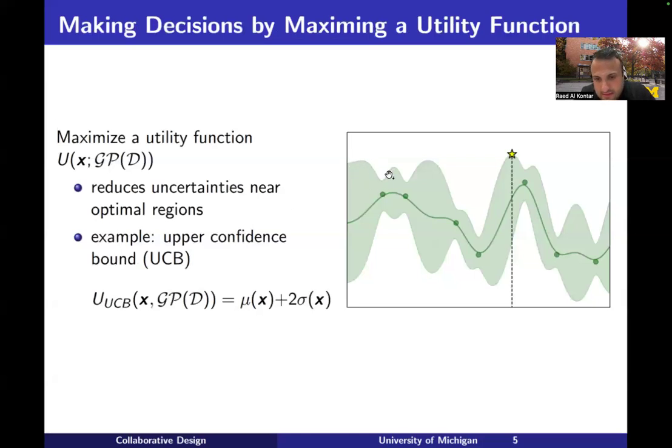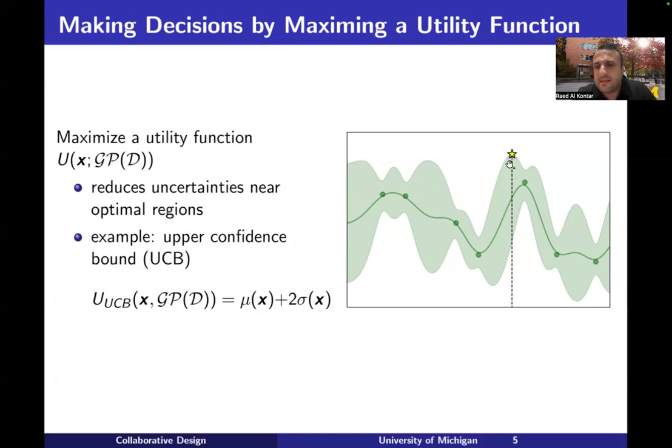So it's that line at the top. This is my posterior belief and the posterior belief variance is given in shaded green, and the upper confidence bound is that line above. Okay. So one way to define my utility function is simply the upper confidence bound.